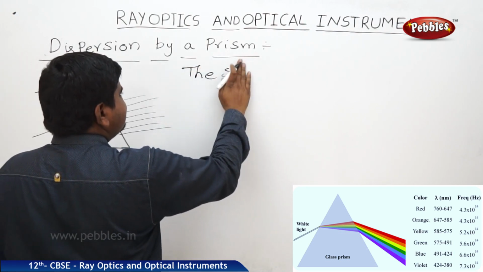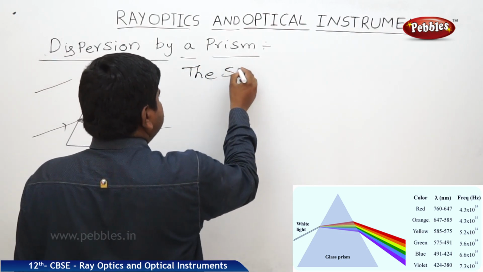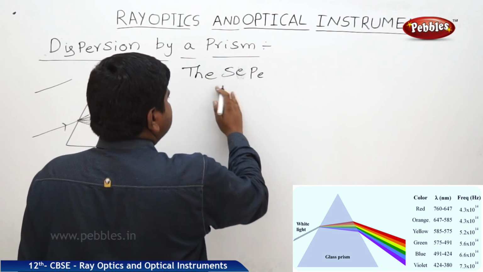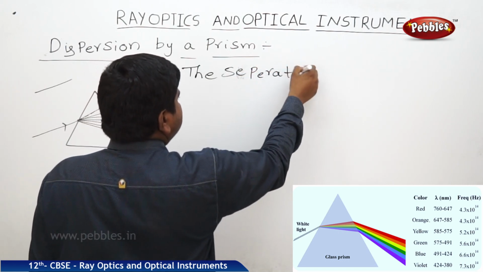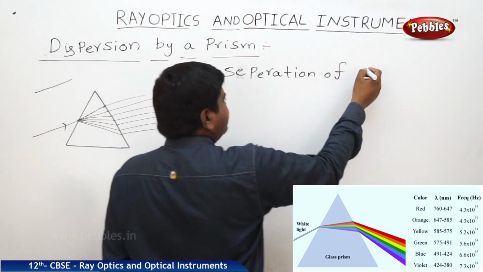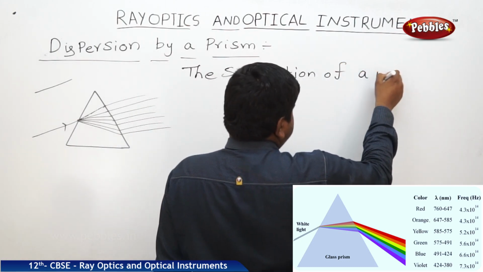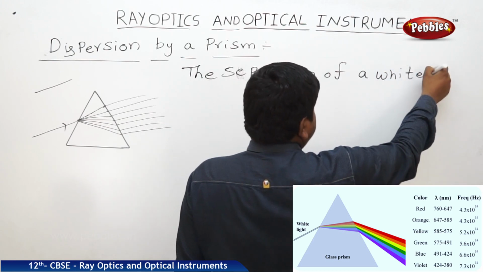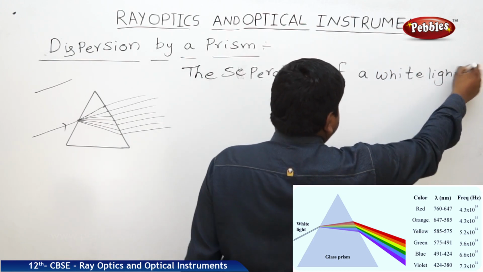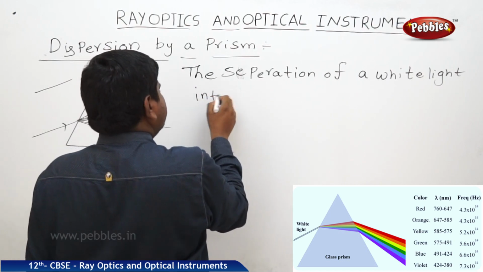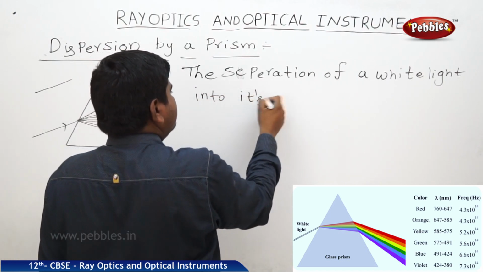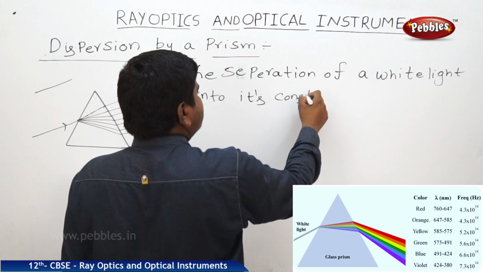The separation of a white light into its constituent colors.